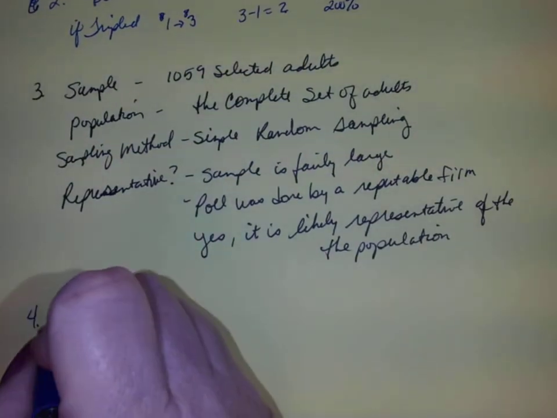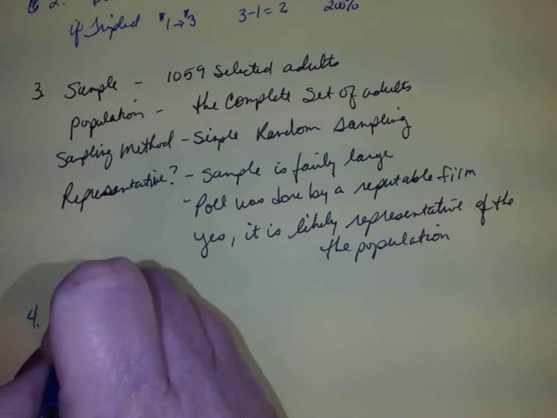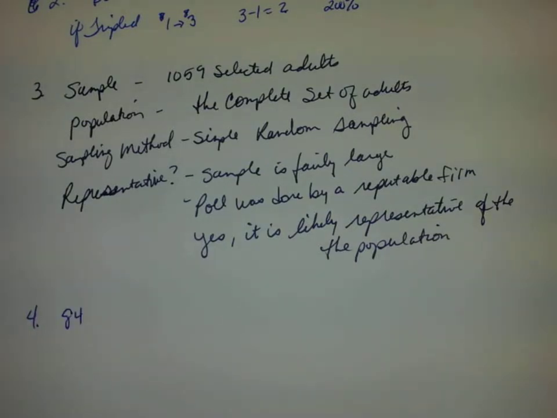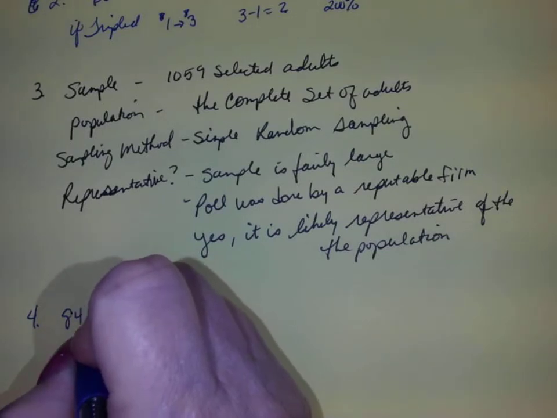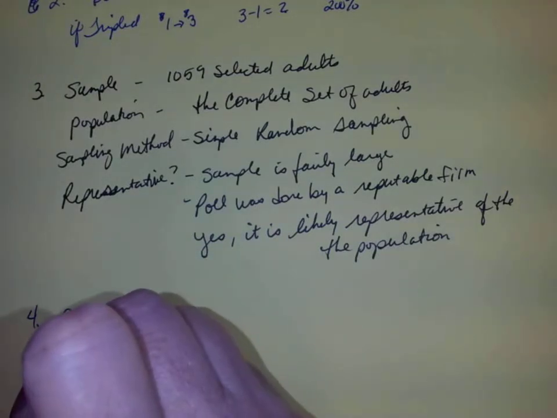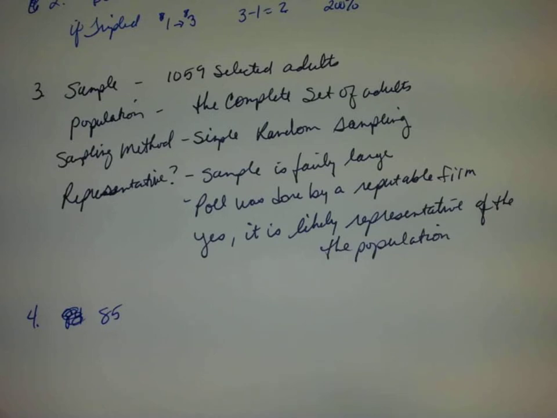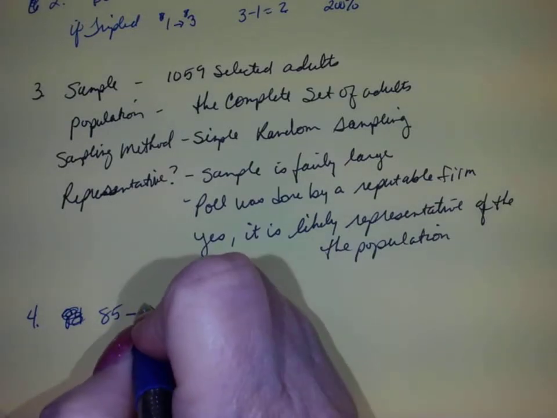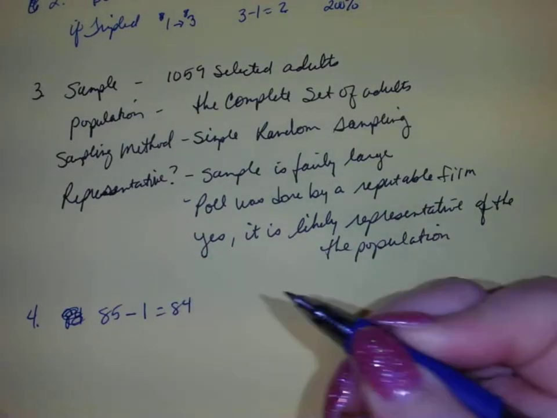So if you recall, we have to take our statistic, the 84%... Is it 84? Nope, 85, sorry. The 85% that wash their hands. We're going to subtract that margin of error and get 84.